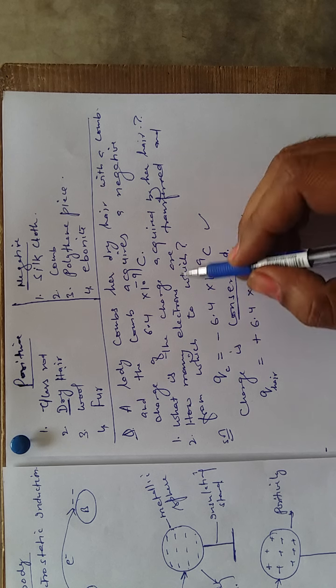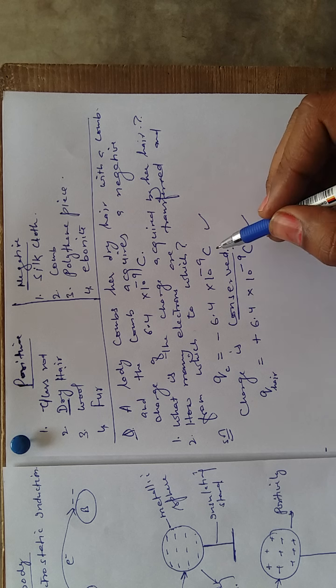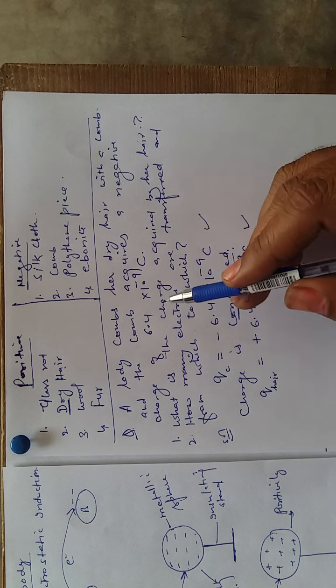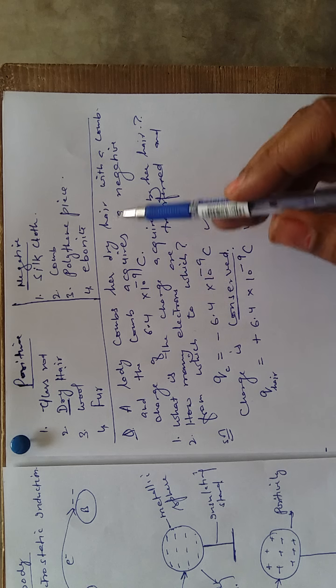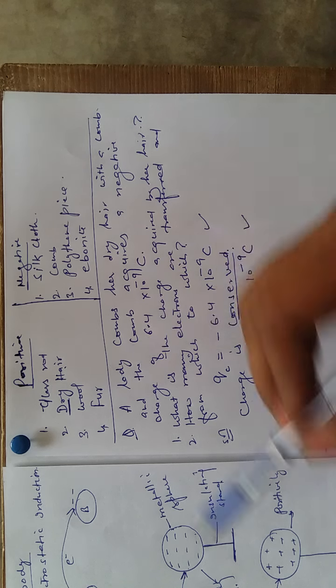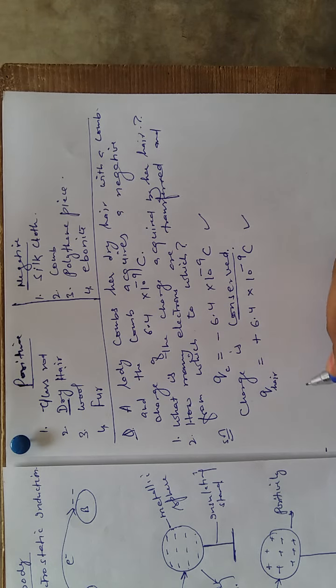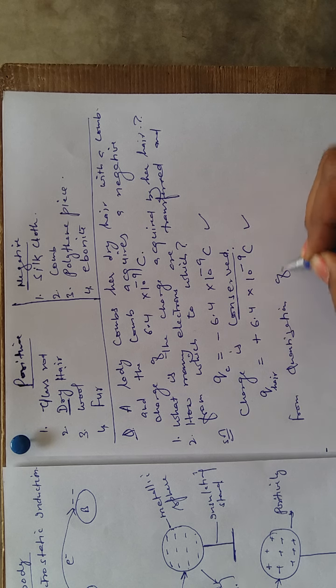Now the question is, how many electrons are transferred? Because the basic concept behind charging of any body is the transfer of electrons, and when we rub comb with dry hair, the transfer of electrons takes place from dry hair to comb. And from the property of quantization of charge, we know that total charge Q on any body is an integral multiple of the smallest charge e, right?